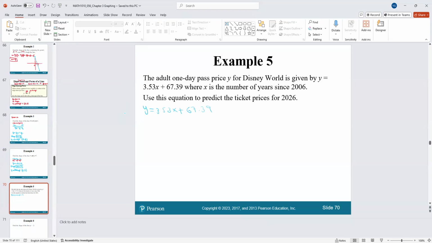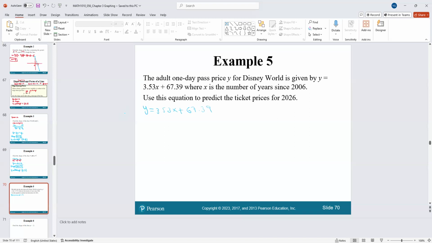So to predict the price of a pass in 2026, remember here they said where X is the number of years since 2006. Remember, 2006 was the first year, then 2007, 2008.